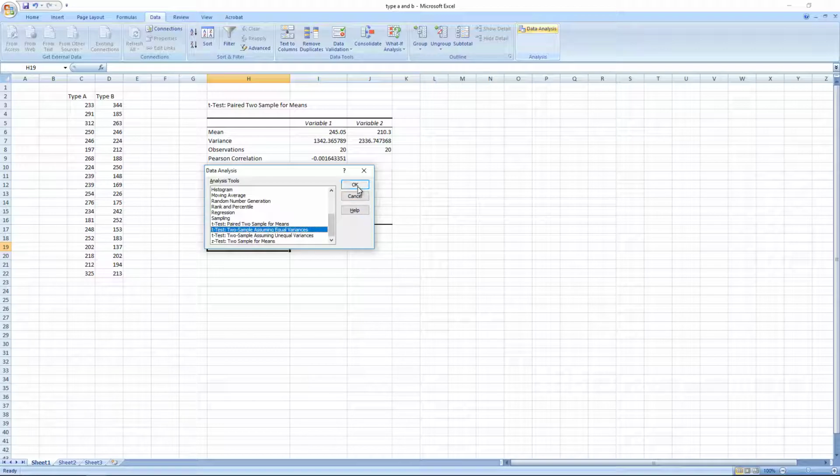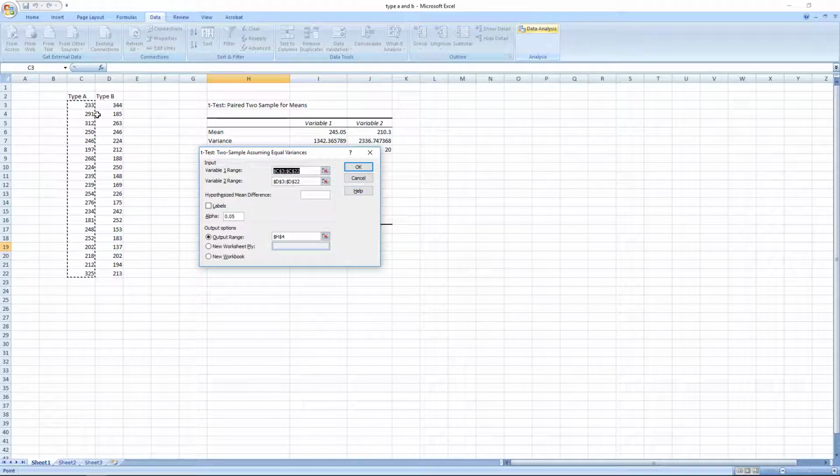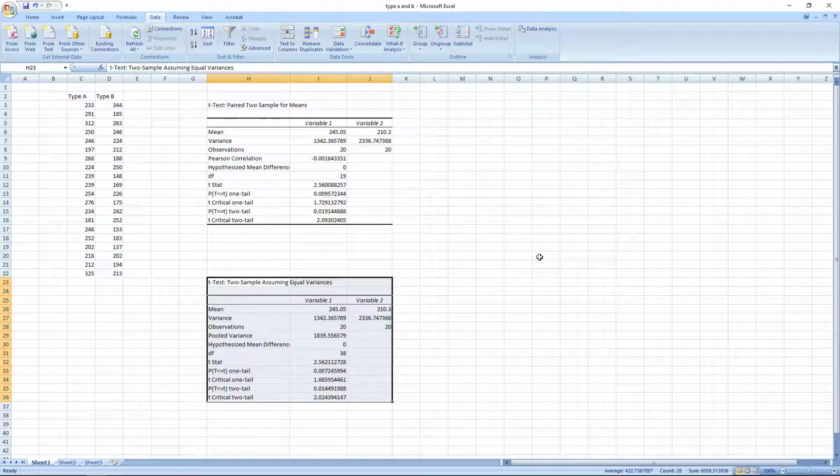So you go to equal variances, hit OK. We have our variable 1 range selected and our variable 2 range selected, and our output range is going to be H4. We're going to change that just so I can show you, because that's where the other one was. We're going to move it down here to H23. You just hit OK, and here you go.